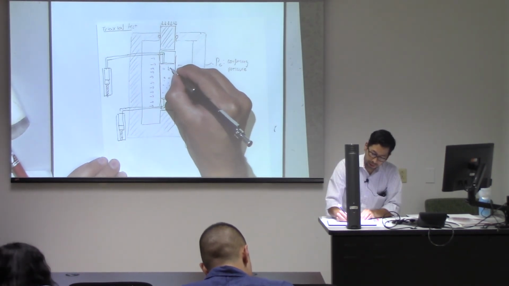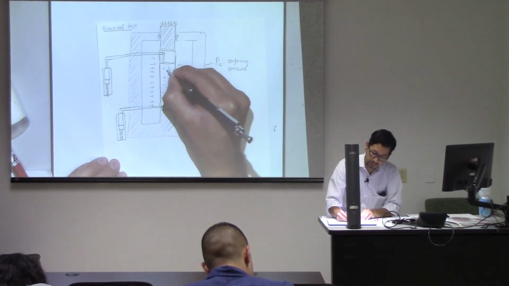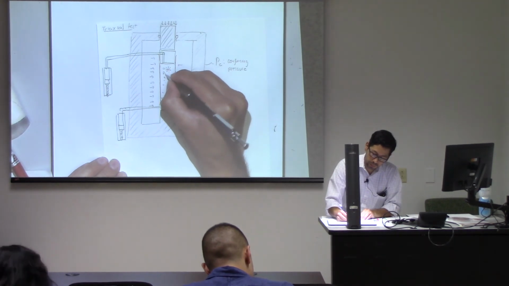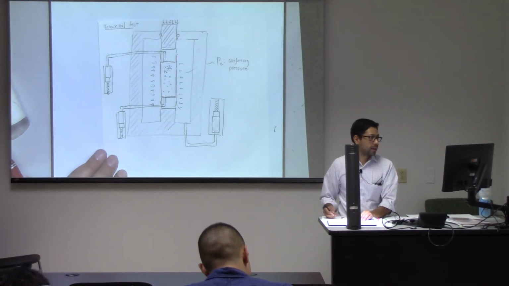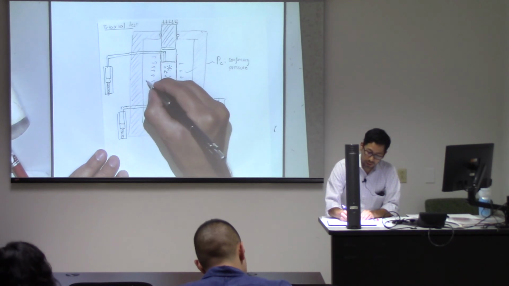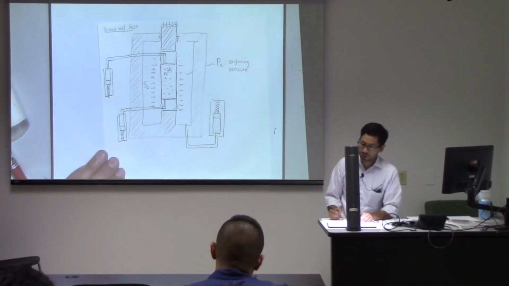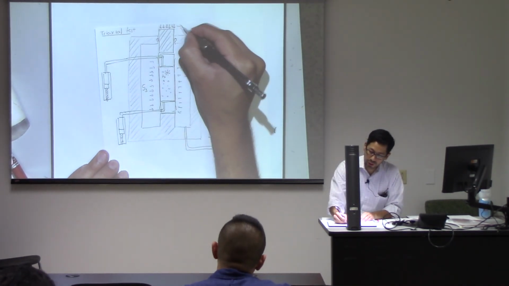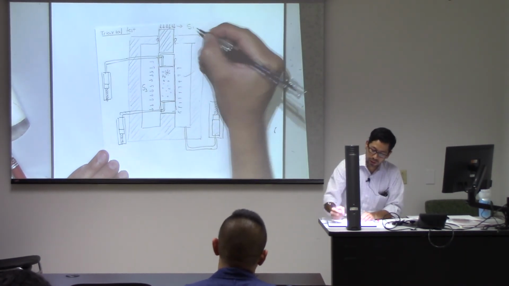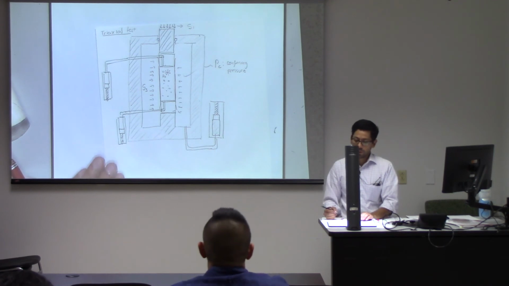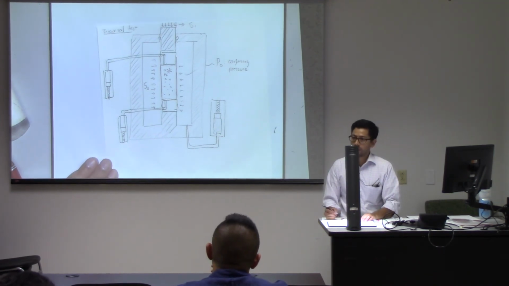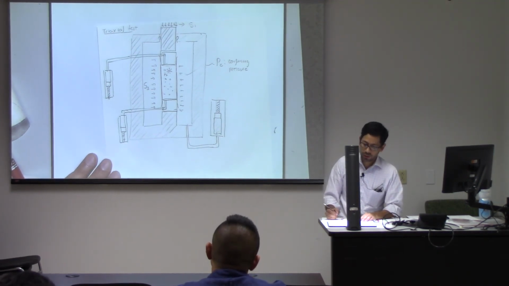You're going to have a pore pressure inside the rock. And this is going to be your minimum total stress. And this one over here is going to be your maximum total stress, S1.